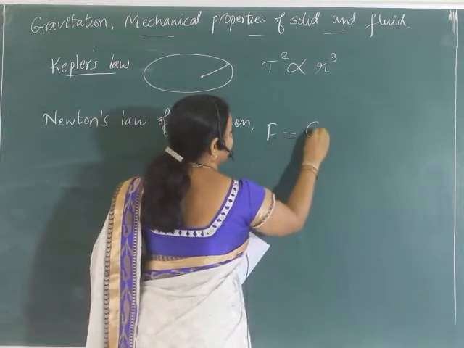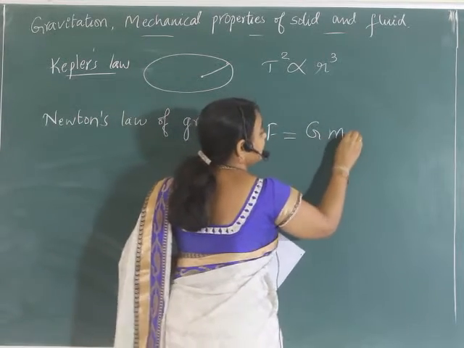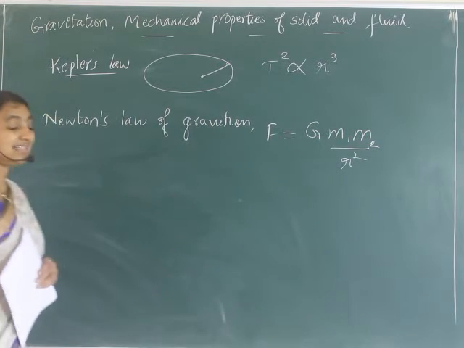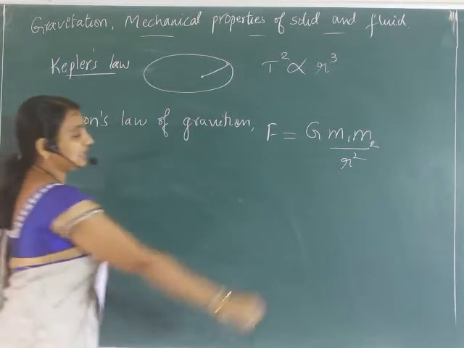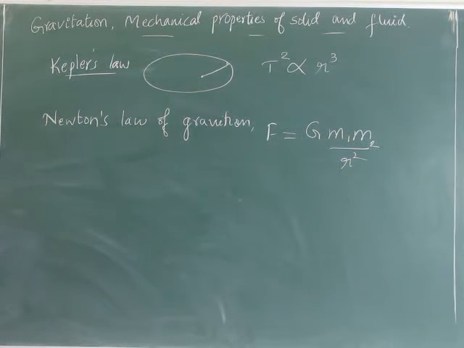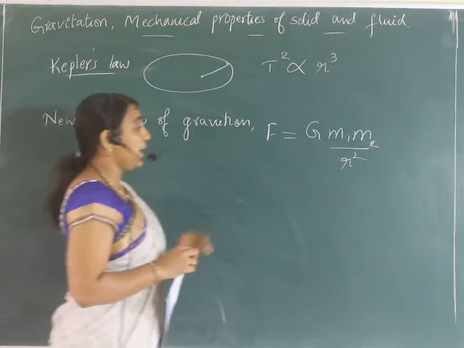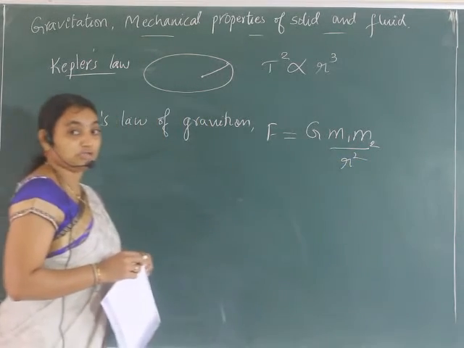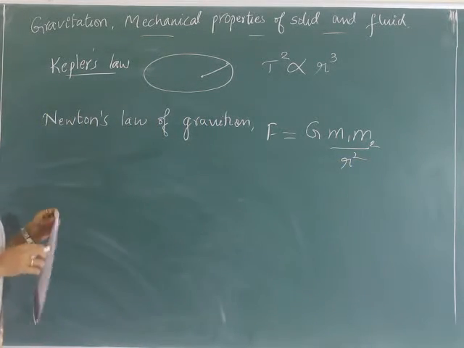Force of attraction is equal to G m1 m2 divided by r square, where G is the universal gravitation constant, m1 and m2 are the masses of the two bodies, r is the distance between the two particles. So, the gravitational force of attraction between two bodies is proportional to the product of their masses and inversely proportional to the square of the distance between them.